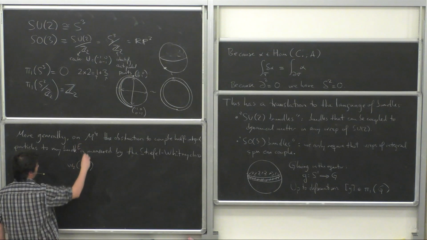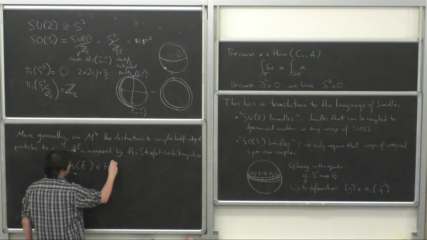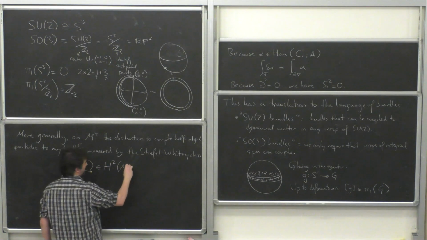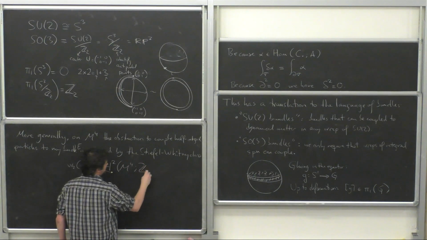So E is the name of my bundle. And this is an object that lives in the cohomology of M4 with Z2 coefficients.